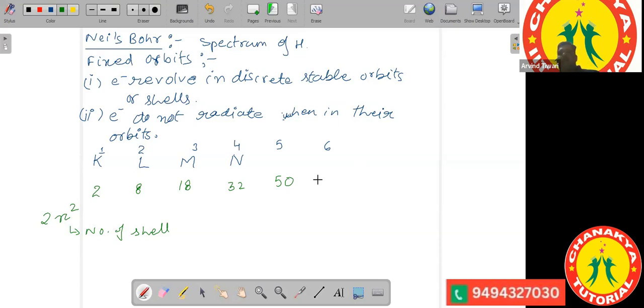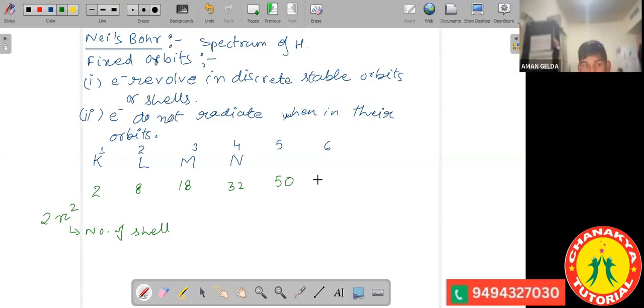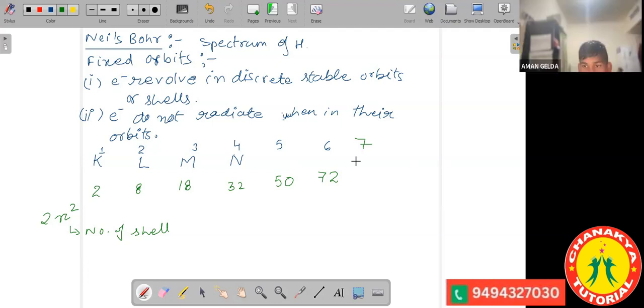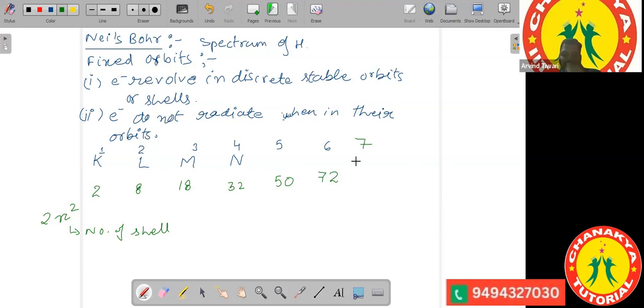Aman, how many electrons will be there in the sixth shell? Sir, is it 72? Yeah, now you are correct. This will have 72. What if there is a seventh shell? How many electrons can be there? Sir, is it 98? 98. Okay.